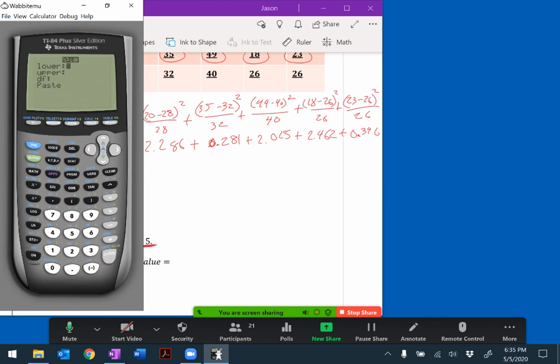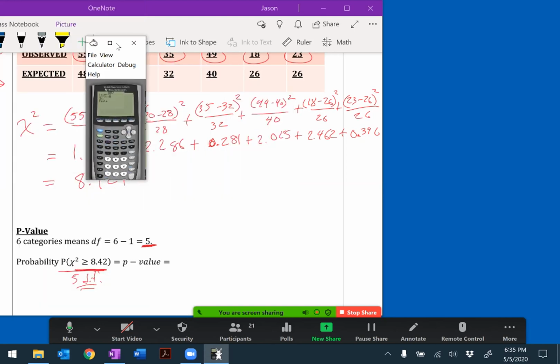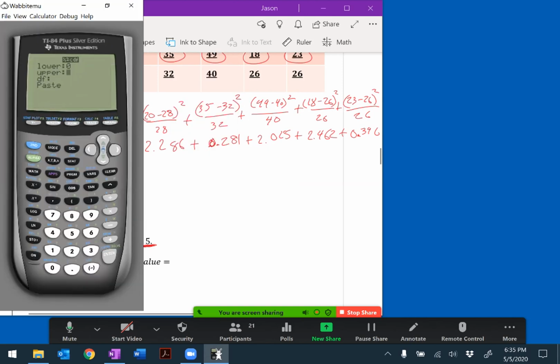And what's the lower? The lower is always 0, because it always starts from 0. What's the upper? The upper was 8.42. The degrees of freedom was 5. So it's just going to be 0, 8.42, and 5.